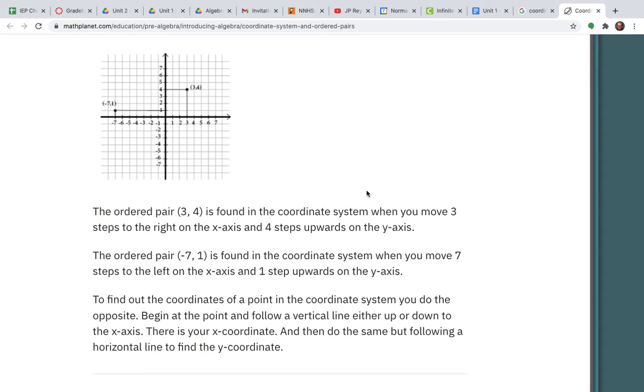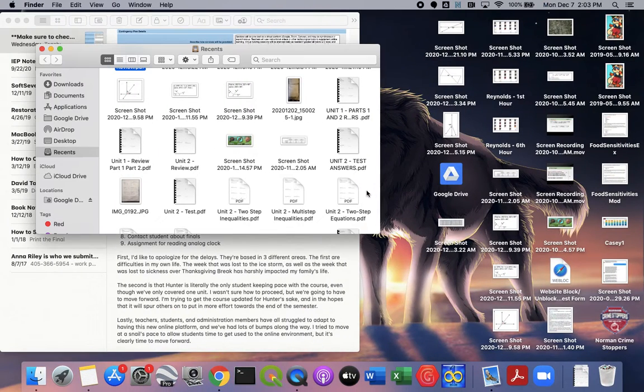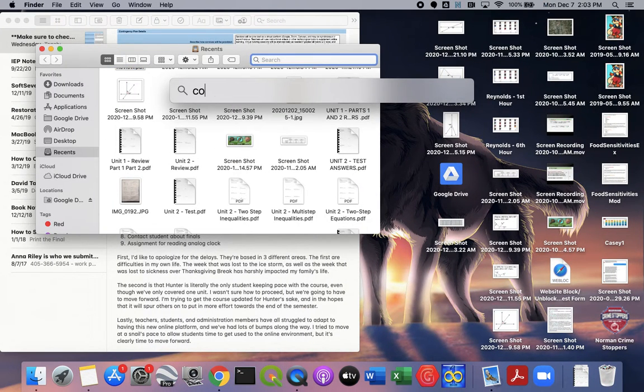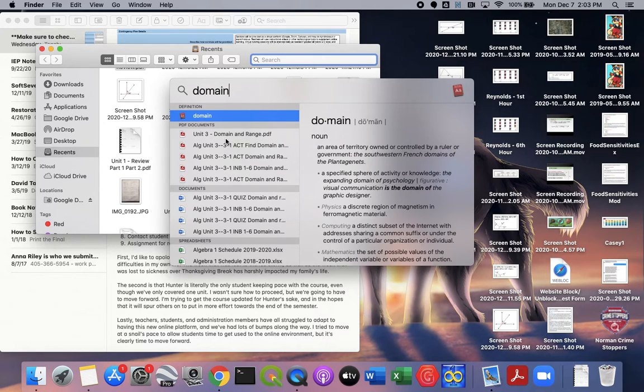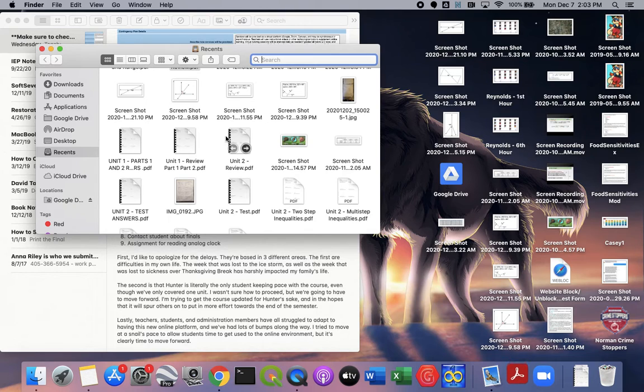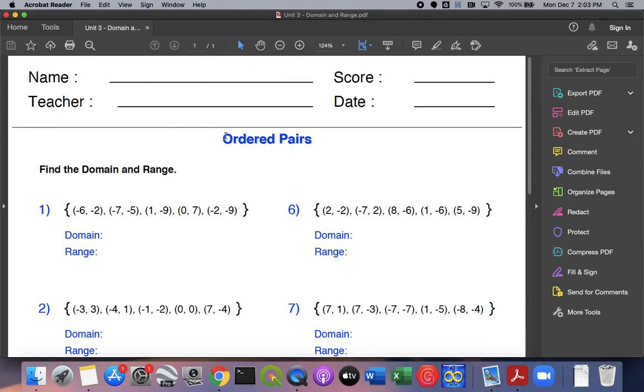When we talk about domain and range, let me go ahead and bring that up here. Okay, domain and range. All domain and range means is domain is all the x parts, range is all the y parts.